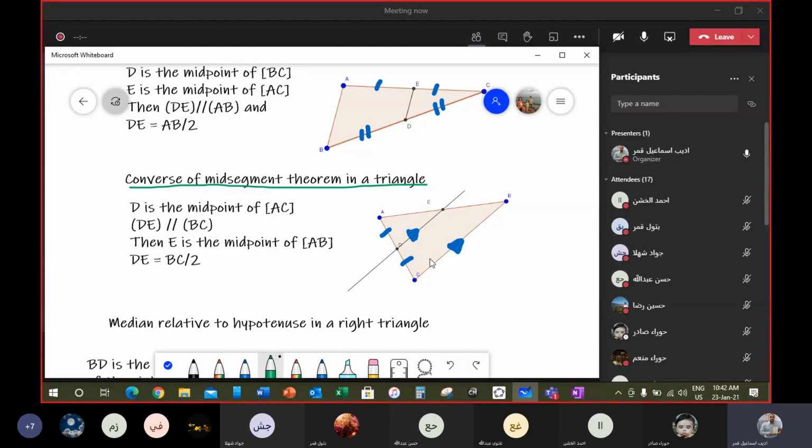The converse says: through the midpoint of one side of a triangle, if we draw the parallel to another side, here BC, if we draw from D the parallel to BC, then it cuts the third side AB at its midpoint.